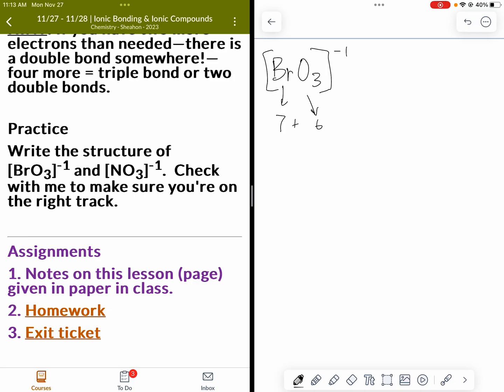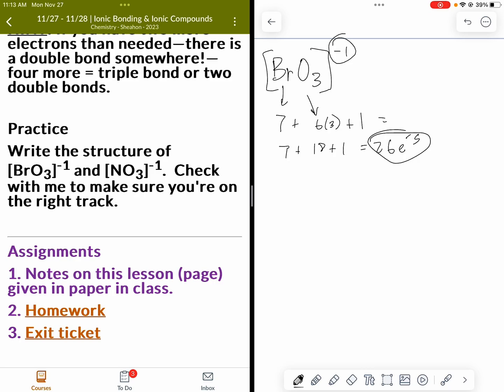But there's 3 oxygen atoms in one compound. So we're going to go 6 times 3. And then we're going to have a -1 charge overall. So that means we're going to have to add an electron. Okay? So that gives us 7 plus 18 plus 1. That is equal to 26 electrons. All right, so now we know we need to plot 26 electrons in this compound.